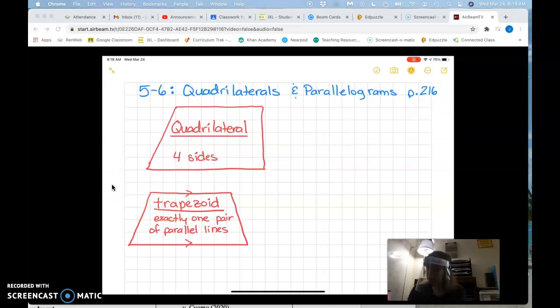And the other type of quadrilateral is a parallelogram. And so this side over here that we're going to make now is going to have a lot of things underneath it.